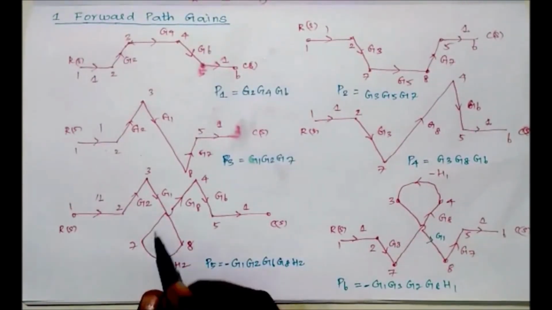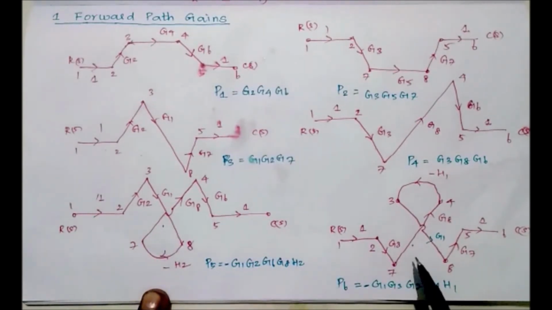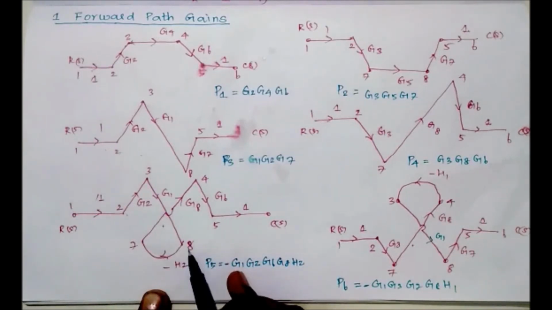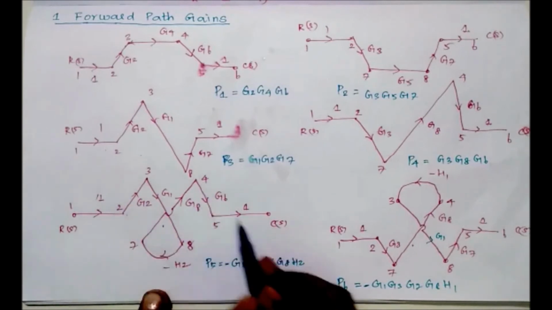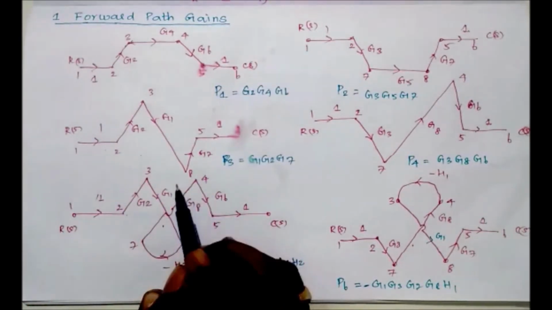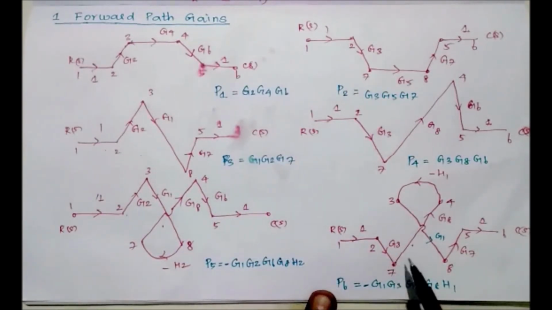Similarly for forward paths 5 and 6. In forward path 5, 1 2 3 7 8 4 5 6, all nodes are touching here. Therefore apart from this forward path, no other branch is connected. For forward path 6, it also involves all nodes 1 2 3 4 5 6 7 8 to form the forward path.